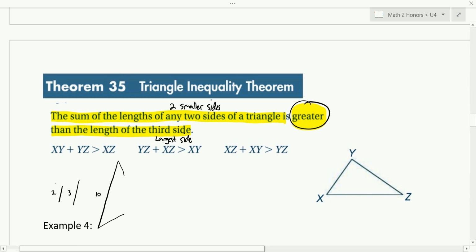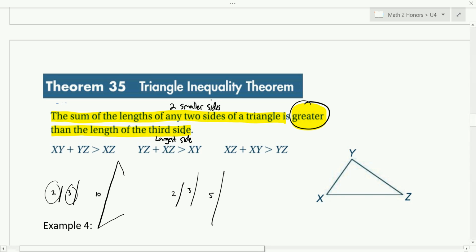So in my example here, if I added 2 and 3, I'd get 5. That's not bigger than 10, so it's not going to work. What if I gave you a side length of 2, side length of 3, and a side length of 5? Could you make a triangle out of that? Getting closer.